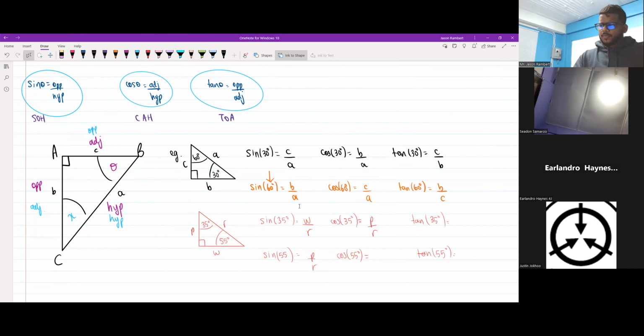What's the opposite if I'm using 55 degrees? The opposite would be P. What could be the adjacent? W. That's if I'm using the 55, right? And this could be my hypotenuse, correct? Yes, sir. So tell me what's cosine of 55. We had the formula for cosine of 55 up here.